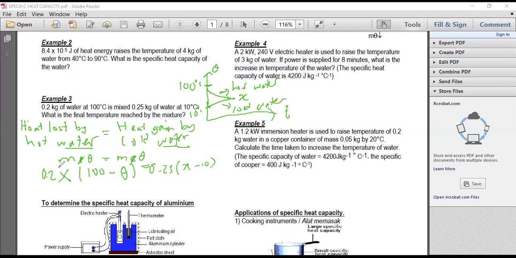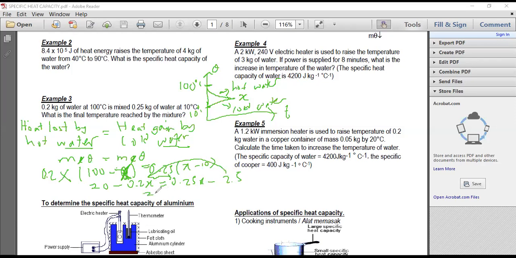So you open the bracket. 0.2 times 100, you get 20, minus 0.2x equals 0.25x minus 2.5. Okay, so you open the bracket. So all the x you bring to one side, so I'm going to bring this x here, and the 2.5 I'm going to shift to this side.